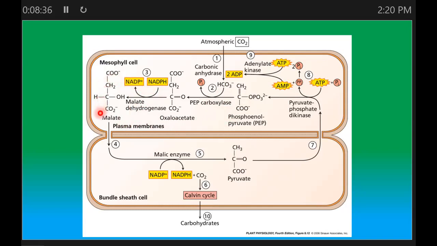So then I like to think of malate as a vector. When you think about how we describe vectors in biology, they're some kind of object or organism that can transfer something from point A to point B. The classic example is malaria, how the mosquito is a vector for the malaria pathogen.